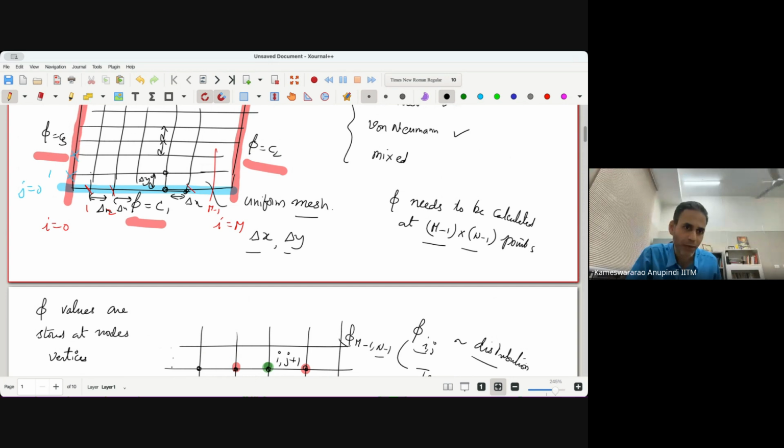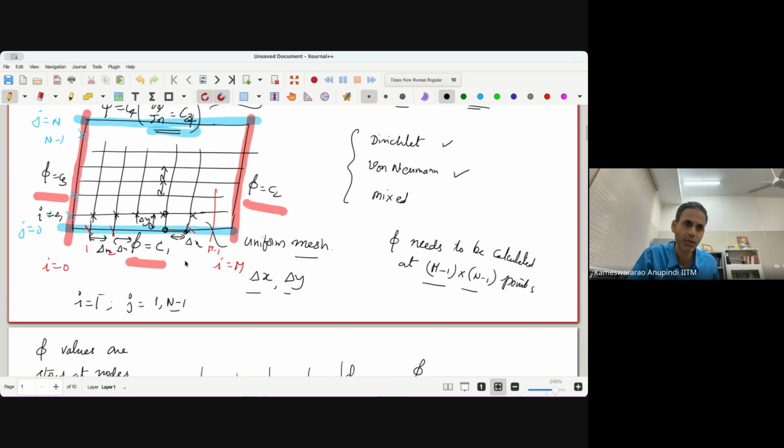For example, let me look at i equals 1, and then j going from 1 to n minus 1, because 0 is already here.